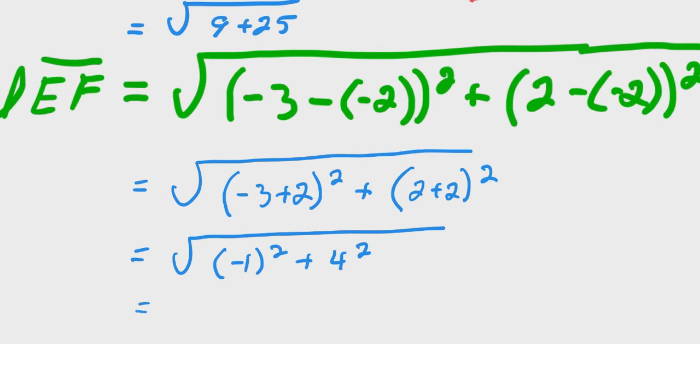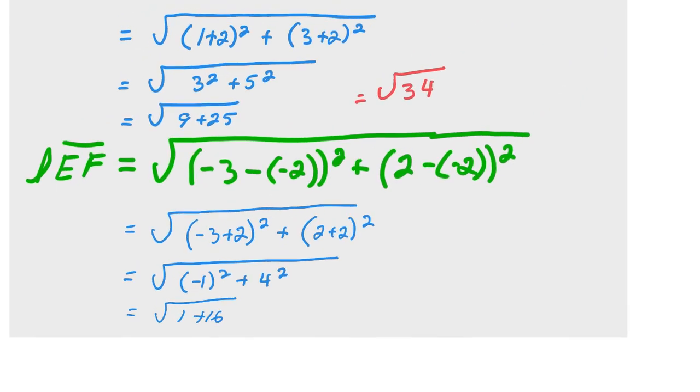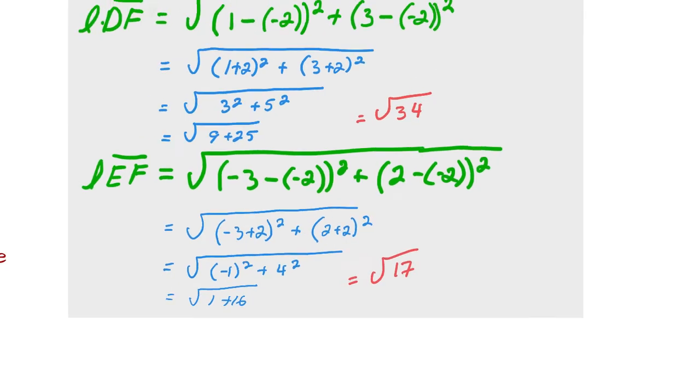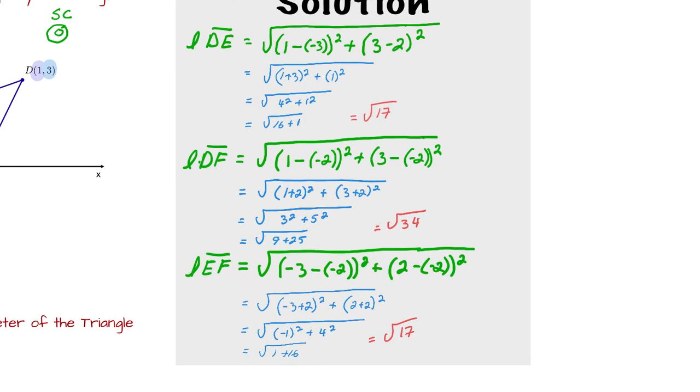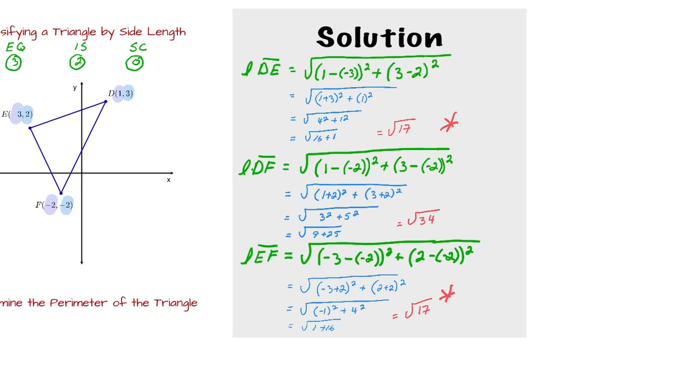And that becomes 1 plus 16, and that is square root of 17. So looking at it now, you've got two values that are the same, so therefore your triangle is isosceles. Okay? We have two sides the same.